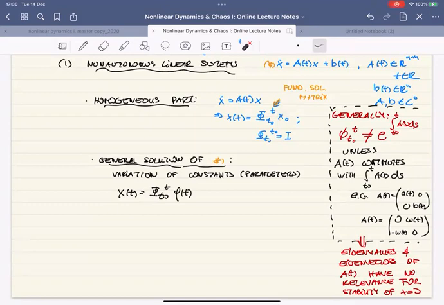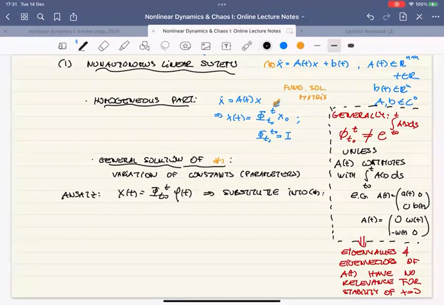When you plug this into the equation, this is essentially an ansatz. You don't know a priori if this works or not.